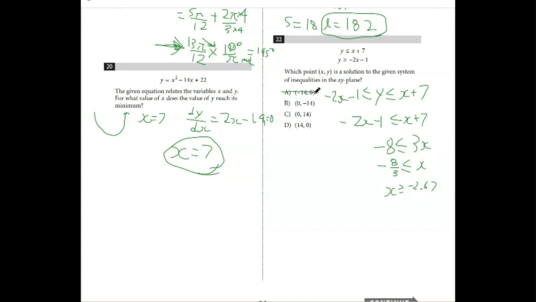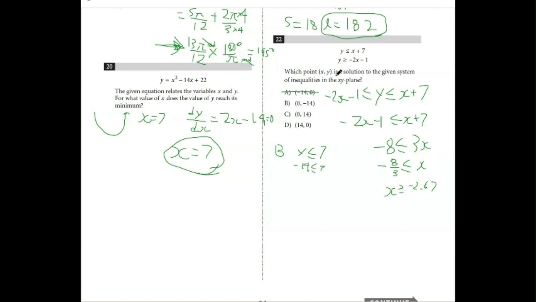We're going to go ahead and plug in for B, C, and D. So for B, if I put x as 0, y is less than or equal to 7, but negative 14 is less than or equal to 7.